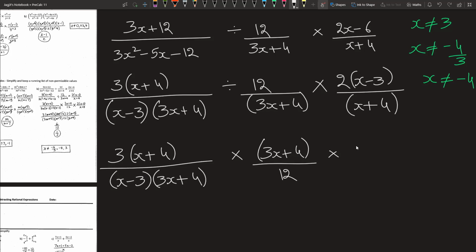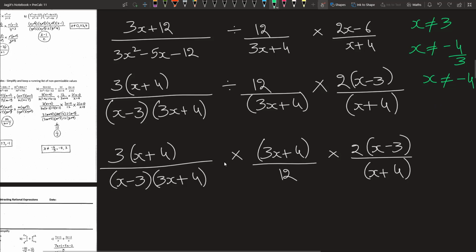Okay, and this is multiplication, so you're going to leave it as it is. Now, guys, a new term came to the bottom, so always check, do I have a non-permissible for this? Well, this is just a number. It's 12. So there's no non-permissible for that. But you always need to check, because had another variable come to the bottom, then you would have to add that non-permissible value.